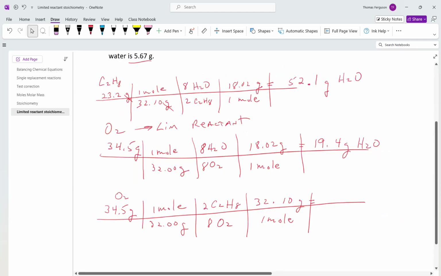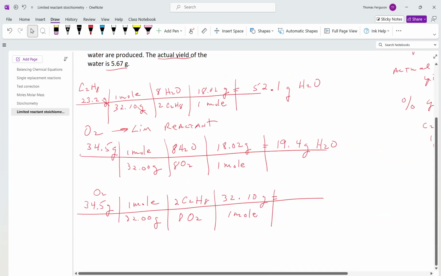Now this will tell us how much of the ethane is used.